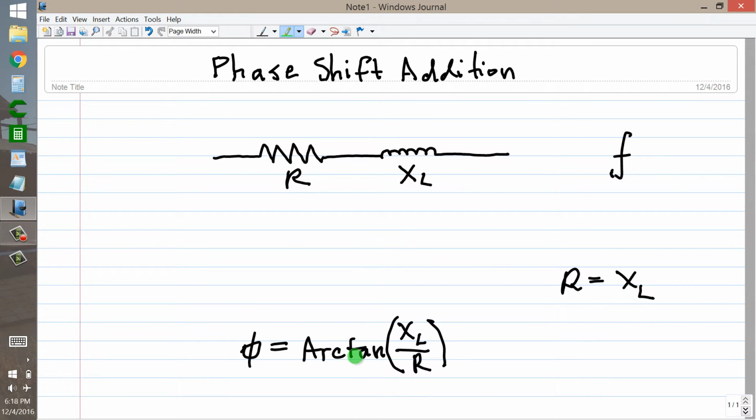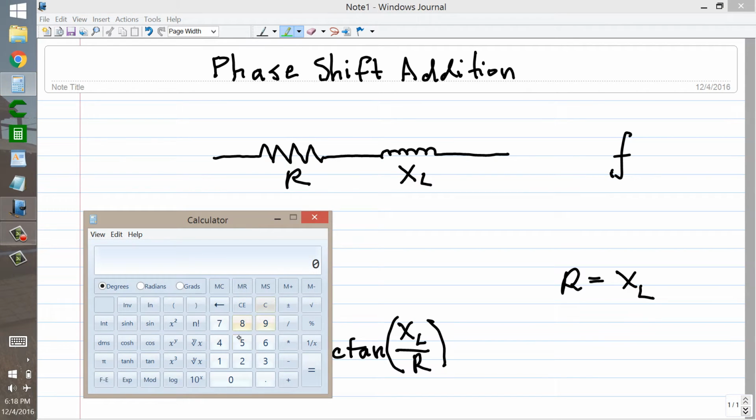Now the arctangent of 1 just so happens to be 45 degrees. Let's do a little example here. 45 degrees. Let's see what happens when we take the tangent of that. We get 1.